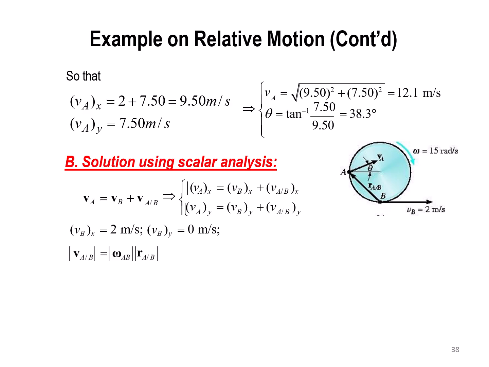And VAB is going to be equal to omega AB multiplied by RAB. We know that omega AB is 15 radians per second, and the length of link AB is the square root of 0.5 squared plus 0.5 squared. Thus the answer is 7.5 multiplied by the square root of 2 meters per second.